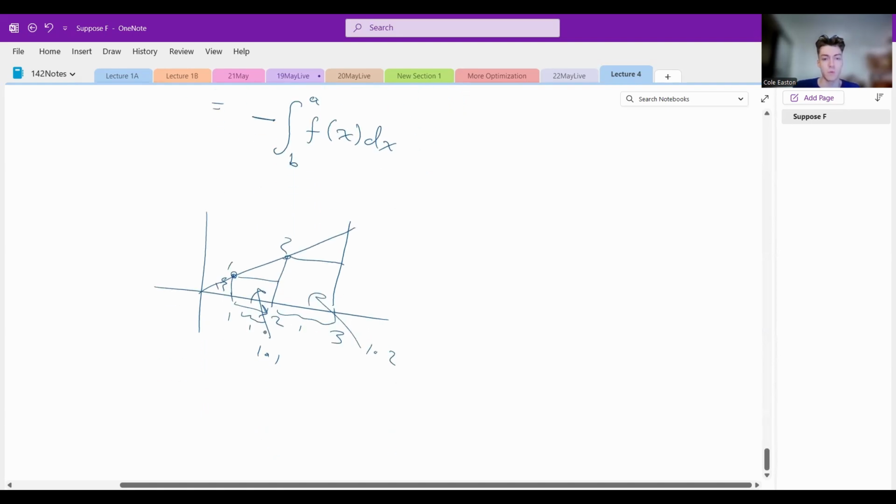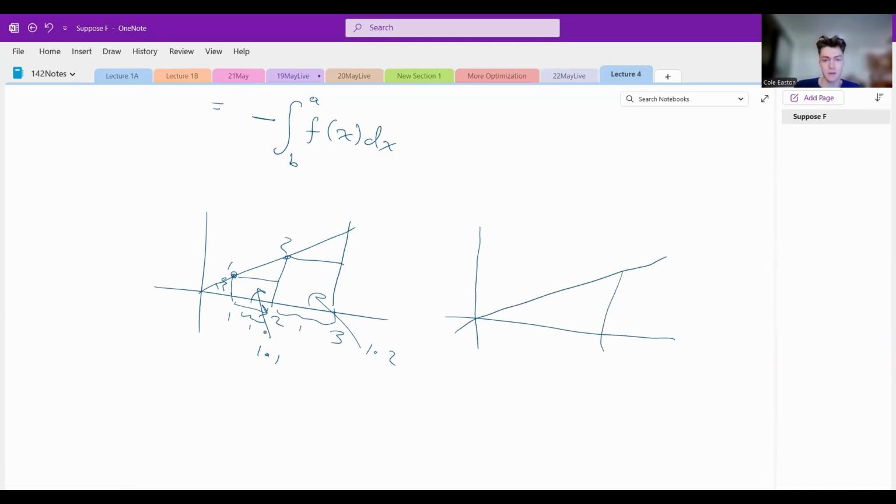But then what if we instead wanted to do the same thing, but think about starting at 3 and moving towards 1? Then we could almost think of the base of this rectangle as being -1, because we moved -1 in order to get that base.